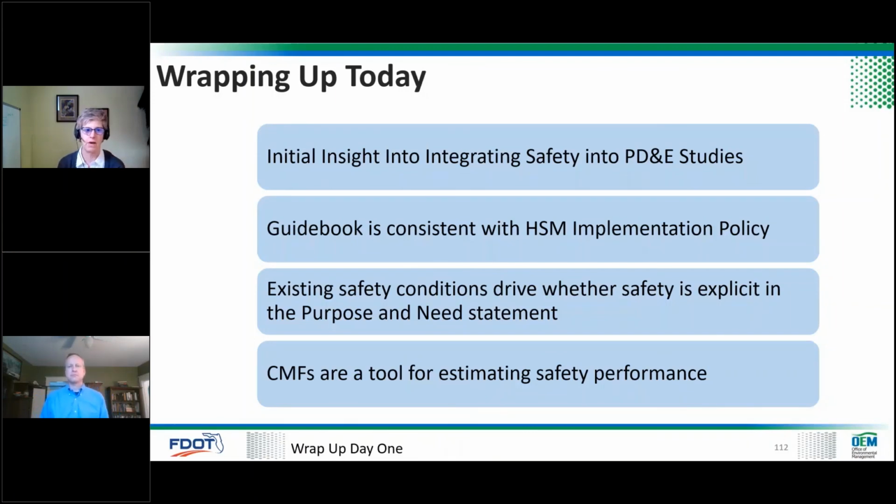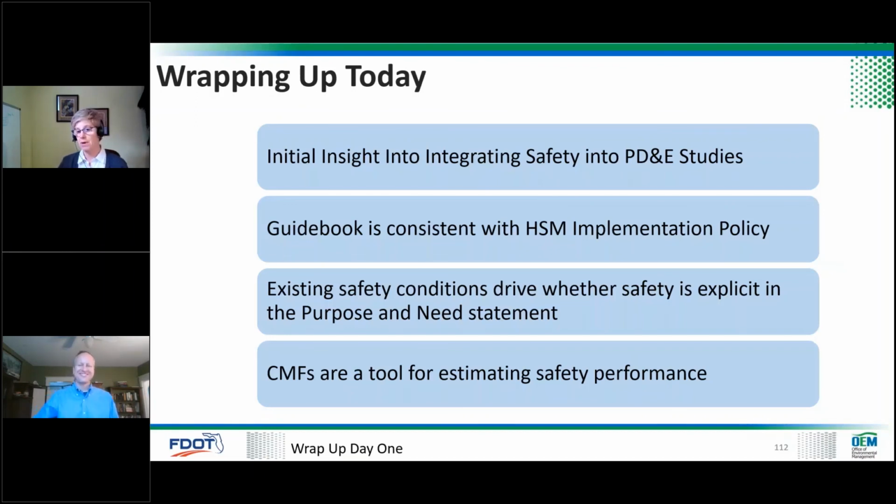So again, hopefully we've given you some insight into integrating safety into PD&E. There's that existing conditions assessment to figure out, should safety be a primary need? And also to figure out what trends we should be thinking about in our alternatives investigation, which I can't say.